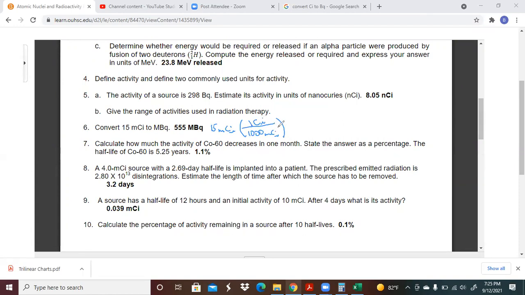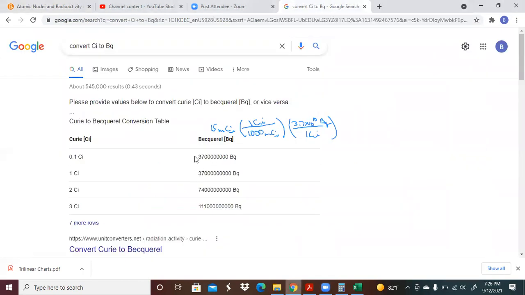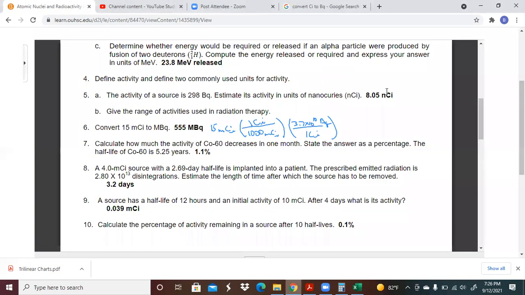Now, we found out here that 1 curie is going to be the same as 3.7 times 10 to the 10th becquerel. I believe that's what we found out. Let's try this. Let's see. 1, 2, 3, 4, 5, 6, 7, 8, 9, 10. Yep, that's what we found out.